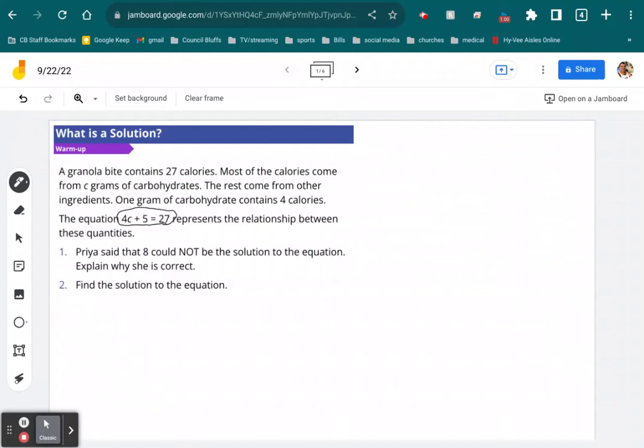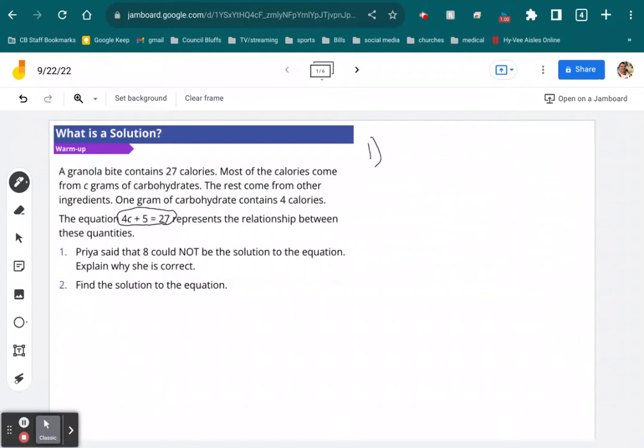So how do we know whether a number is a solution or not? We figure that out by plugging the number in, and if we get a correct statement, then we have a solution. If we don't get a correct statement, then we don't have a correct solution.